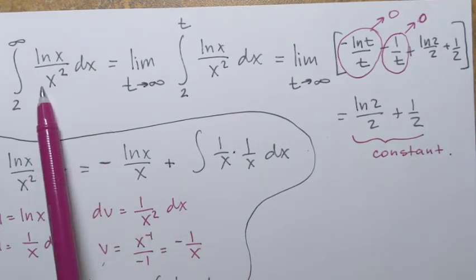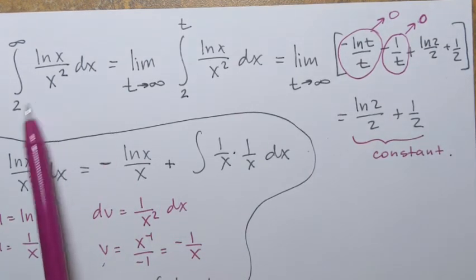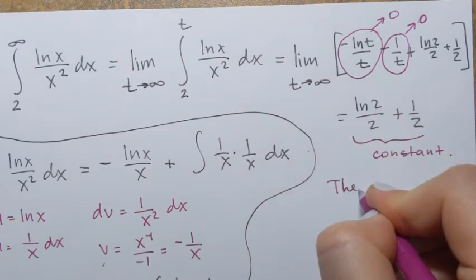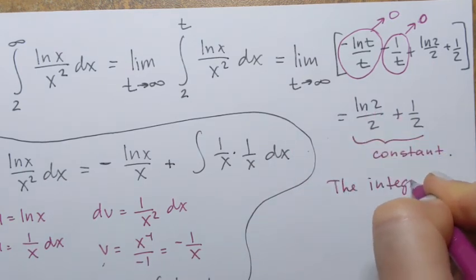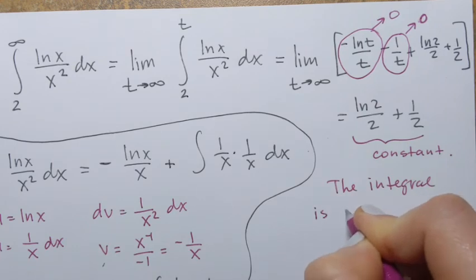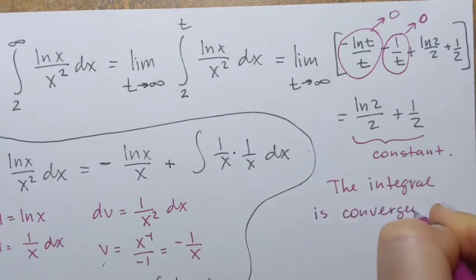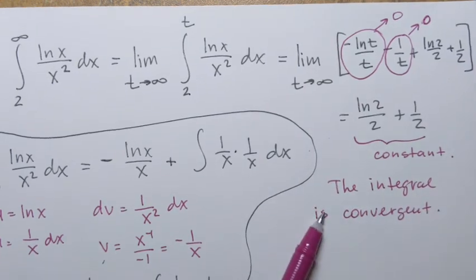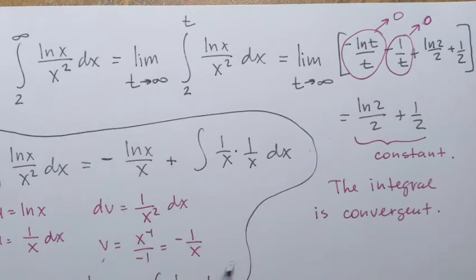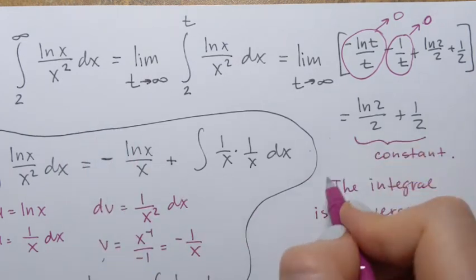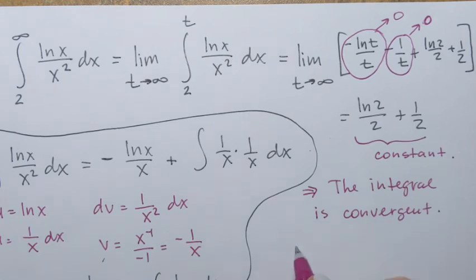That means that this integral is convergent. Right? And since the integral is convergent, it means that our series is going to be convergent. So therefore the integral is convergent, and that means that the series is convergent.